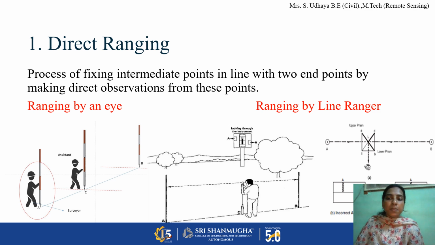Direct ranging can be done by two methods. One is ranging by eye, as you can see in the image. A surveyor stands behind the ranging rod at point A, and an assistant or follower walks along the path from A to B. The surveyor standing behind rod A directs the person to move either left or right until he gets A, C, B as a straight line.